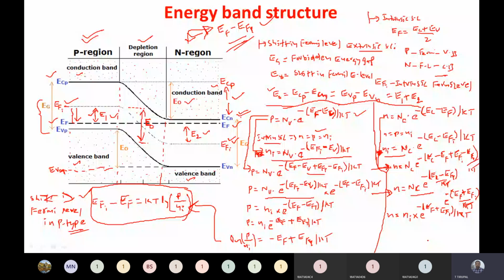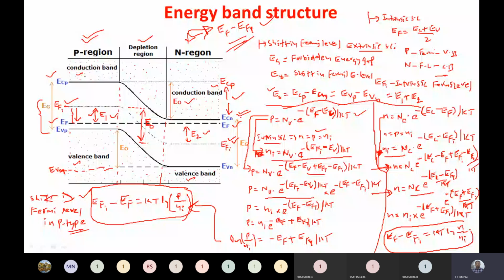What is the shift in Fermi level? EF minus EFI should be equal to KT ln n divided by Ni. That one you will get as the answer.